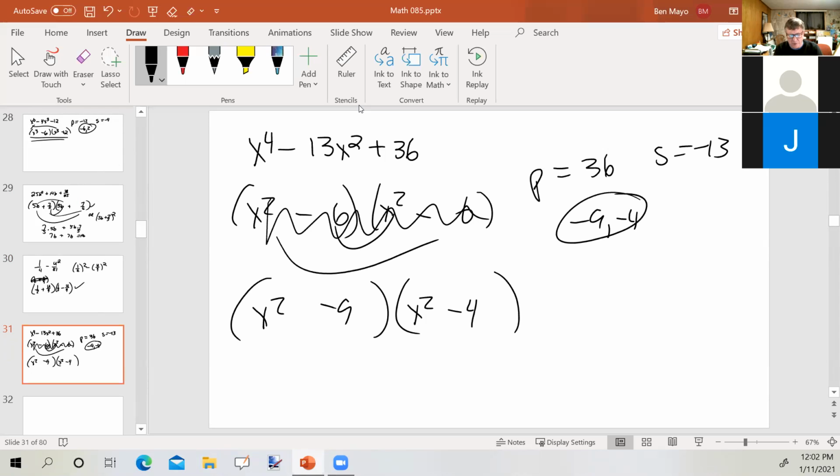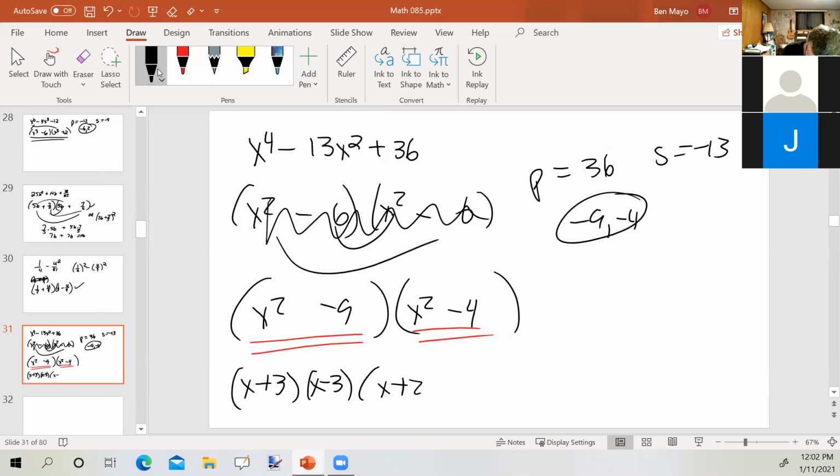That gives us x to the 4th up front, plus 36 at the rear, and minus 9x squared plus negative 4x squared, which is negative 13x squared in the middle. But wait, there's more, because this is the difference of 2 squares, x plus 3 times x minus 3. And that is also the difference of 2 squares, x plus 2, x minus 2.